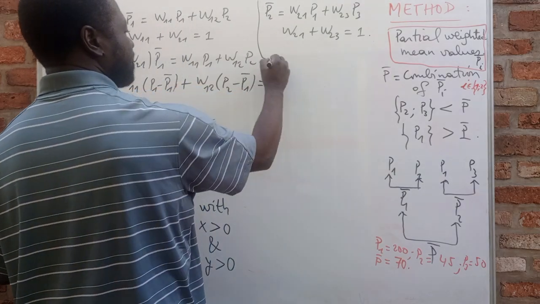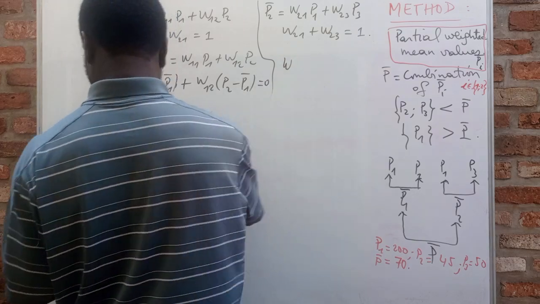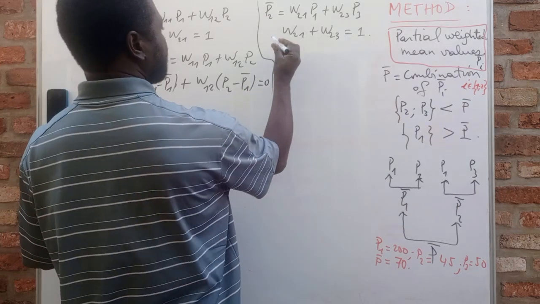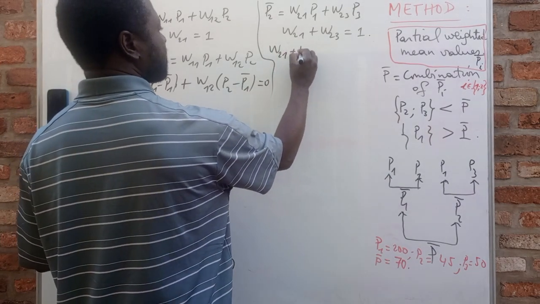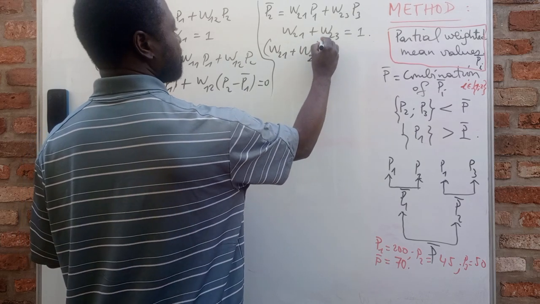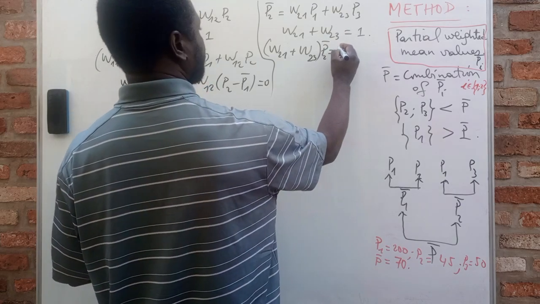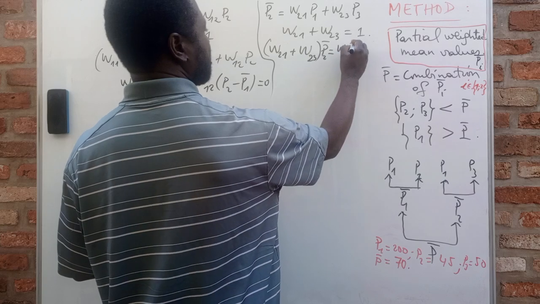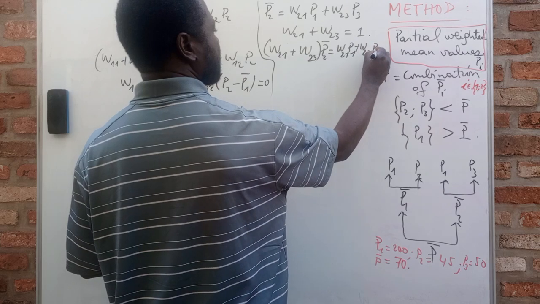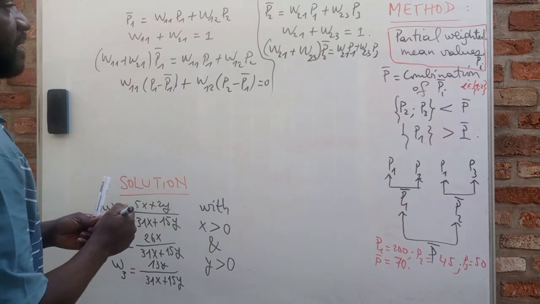On the other hand, we have also, similarly, omega 2 1 plus omega 2 3 factor of P2 bar, which is equal to omega 2 1 P1 plus omega 2 3 P3, P sub 3.